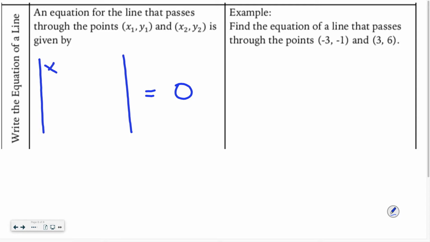My first row is just going to be a generic x y with the 1, and then we can put in our 2 numeric coordinates for the second and third rows. And we can use our determinant to help us write the equation.